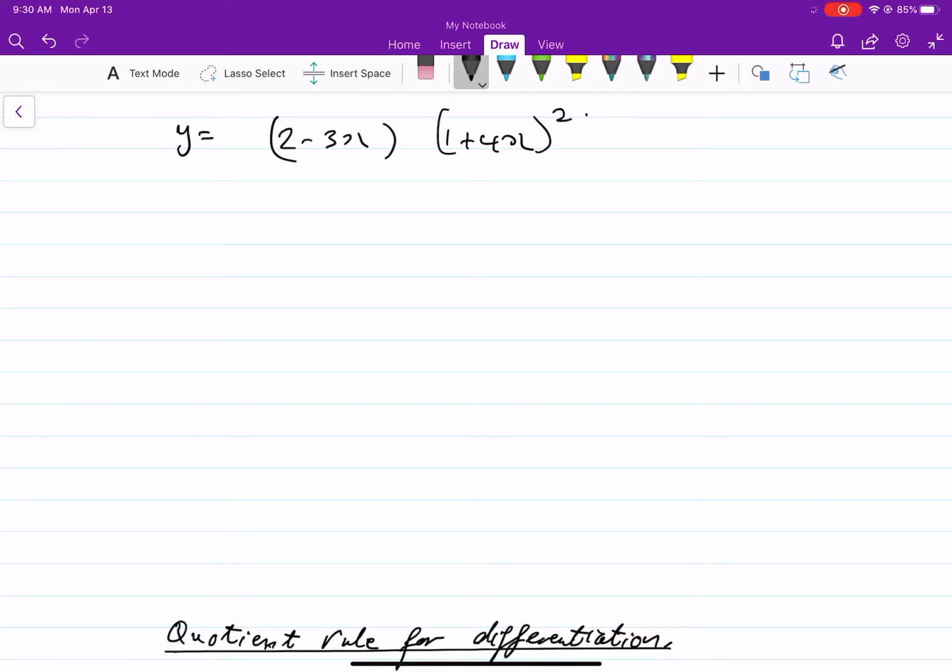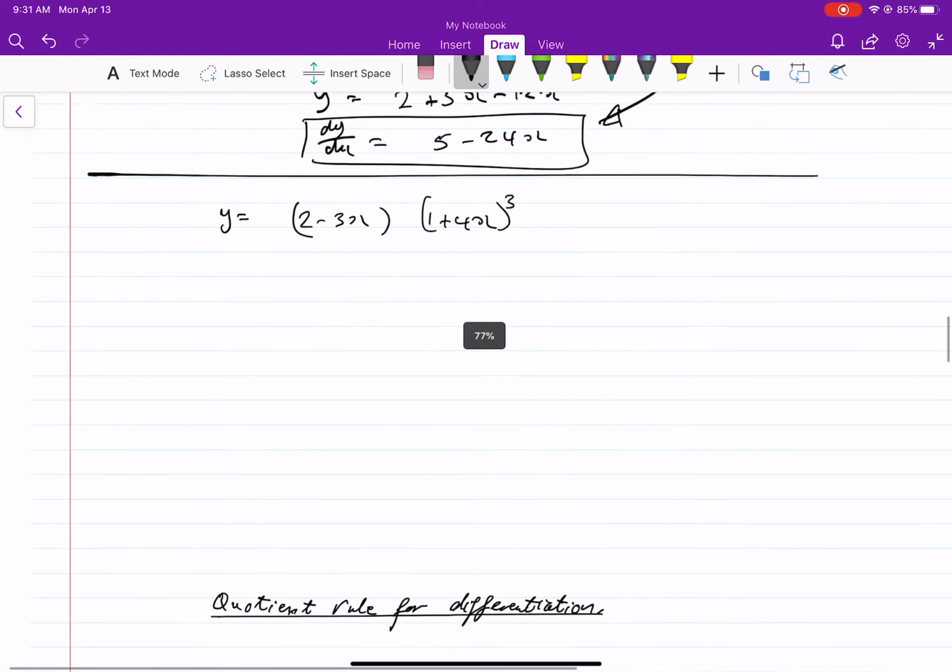I'll make it even more, slightly more complex. I'll make it all cubed. There. So now you wouldn't even try to expand. You'll spend too much time trying to expand the 1 plus 4x all cubed and then afterwards multiplying by the 2 minus 3x. You'll definitely back down. Well, I certainly would. So this is a classical case in which you want to use the product rule.